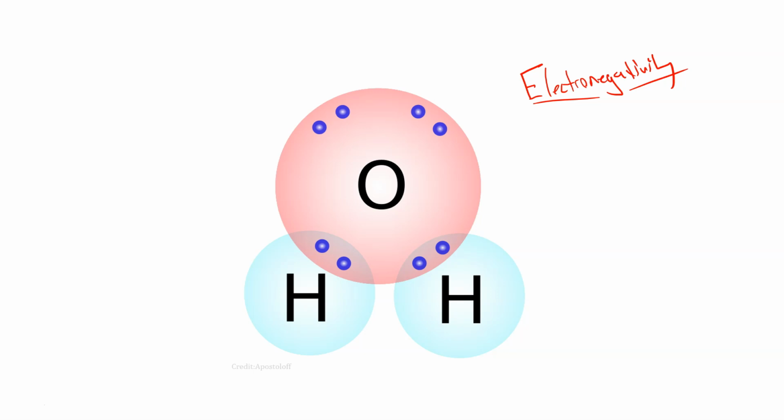So oxygen has a high electronegativity, relatively. And every atom has a pretty well established electronegativity. It's just a number, a score, that basically says how fiercely it holds on to electrons.